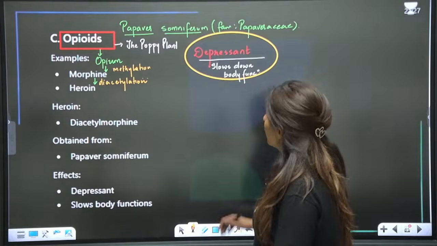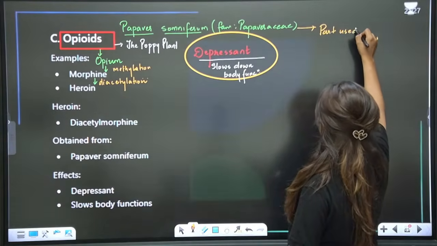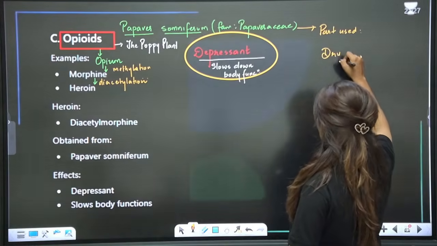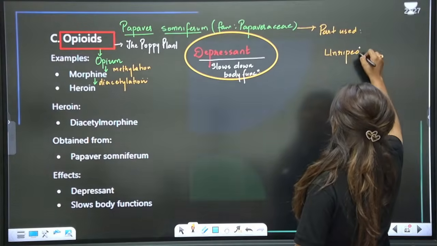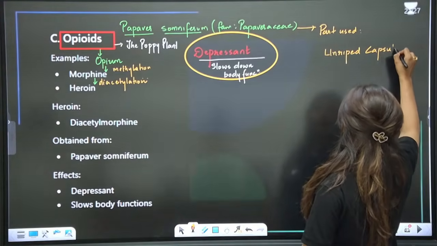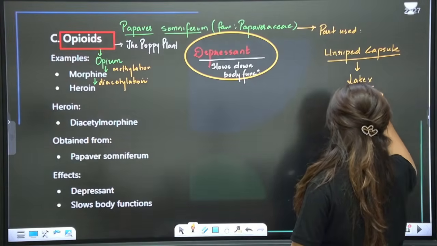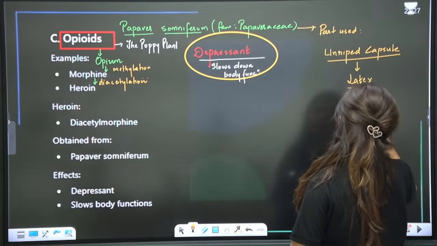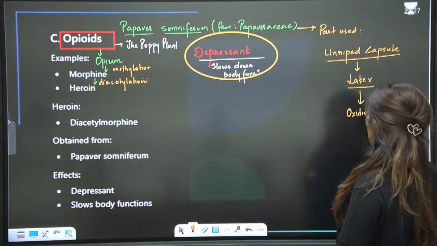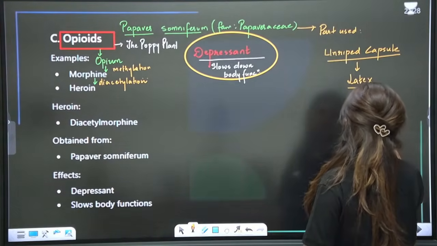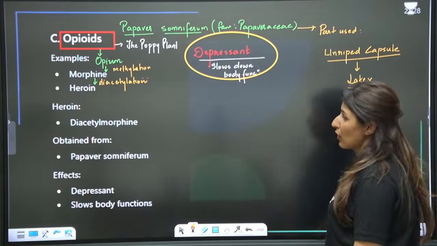Clear? Now what part do we use? The part used of this plant is the unripened capsule. From the unripened capsule we obtain latex, and when this latex is exposed to air, it gets oxidized to form opium. Is that clear?